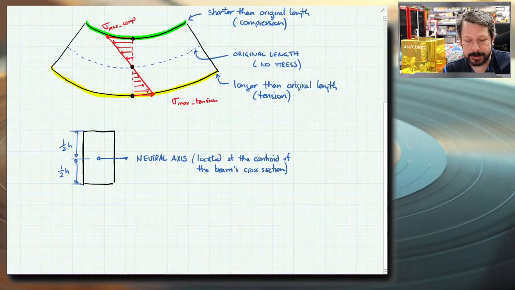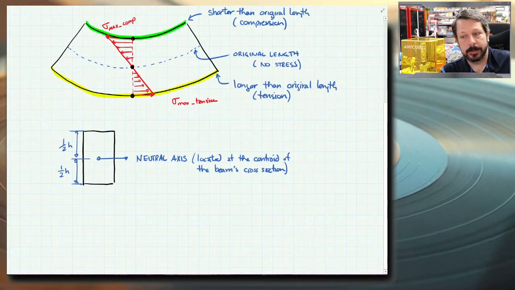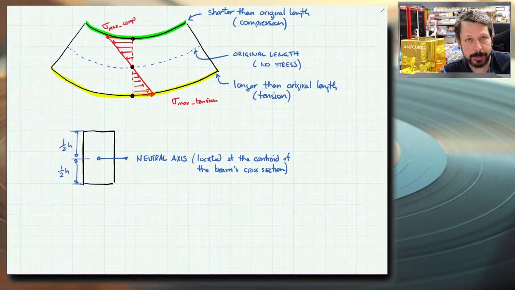We'll talk about that in a second. And you can go look up different properties, including where the centroid is. Or maybe it's a beam that you have fabricated yourself and you know all the dimensions of the cross section. You can use the centroid approach that we did a few weeks ago, maybe last week, and figure out where the centroid is with our bookkeeping method and find the location of the neutral axis that way.